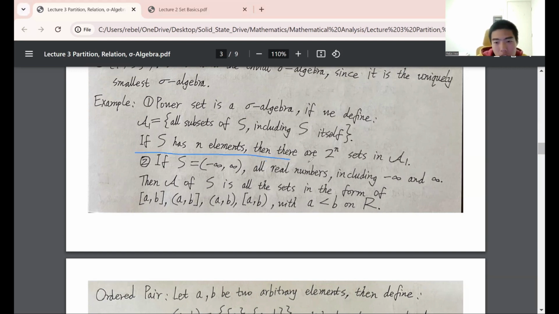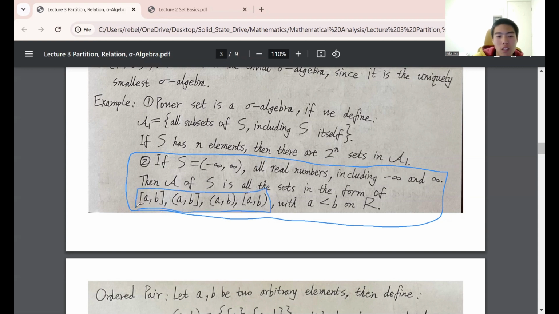And the second example may not be very easy to understand because it's not finite. It's all real numbers. It's infinite, and if you studied math before, it's called uncountable. And it includes negative infinity and infinity. So the sigma algebra in this case is in the form of this. Why can we draw this conclusion?